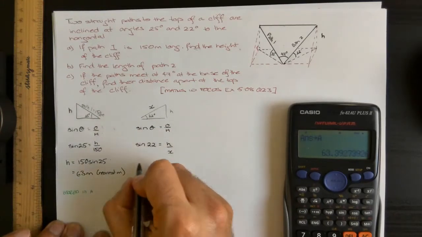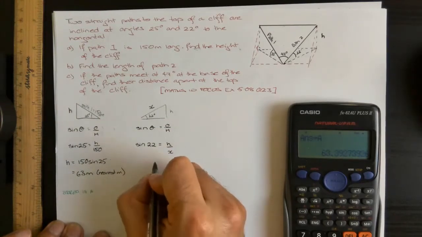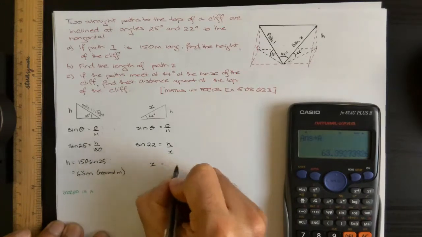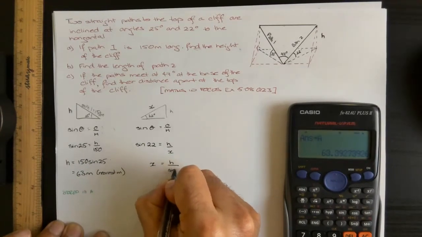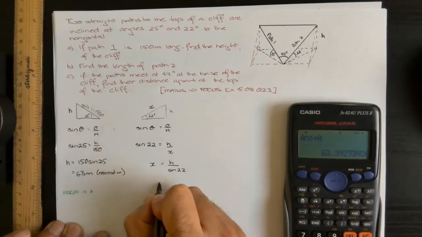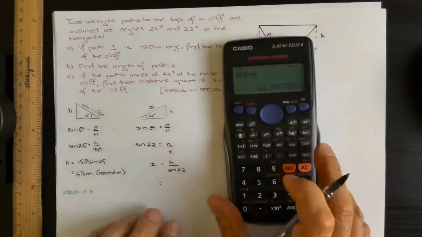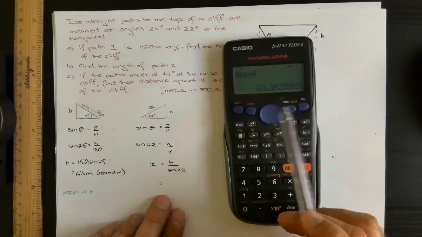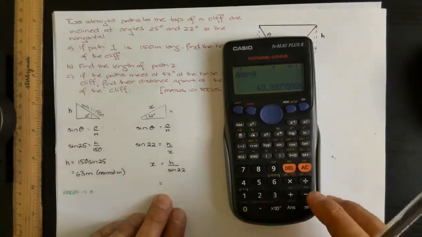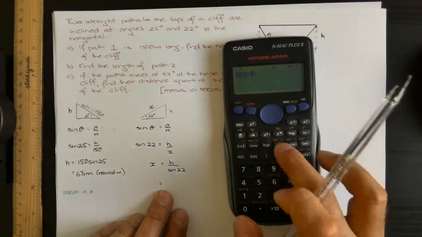Using algebra, I now have x is h over sine 22. So that I don't have to type in 63.39, I can go straight from here and divide by sine 22.